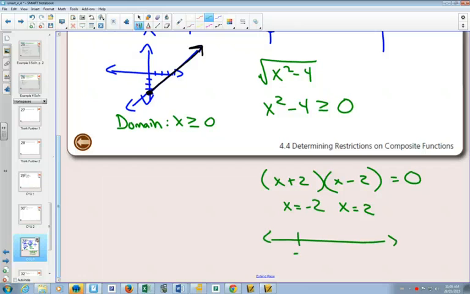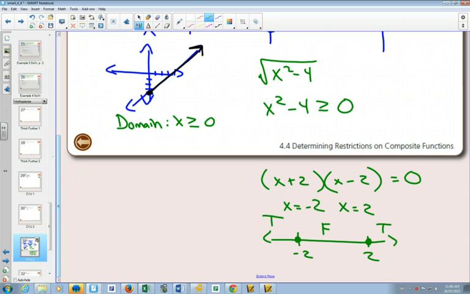And this is where, if you would make your values of where it's true and where it's false, if you would plug in a number less than negative 2, like negative 3, you would get 9 minus 4, which is bigger than 0. This section would be true. Okay, we are going to include these values. This section's going to be false, and this section's going to be true. So we could figure it out that way as well. Because if you plugged in 0, you'd get negative 4, and negative 4 is not bigger than or equal to 0.